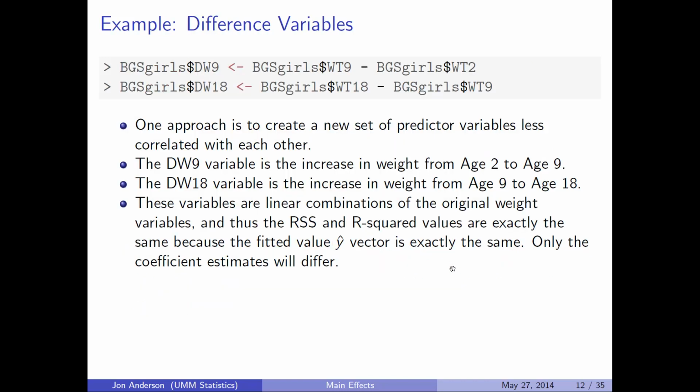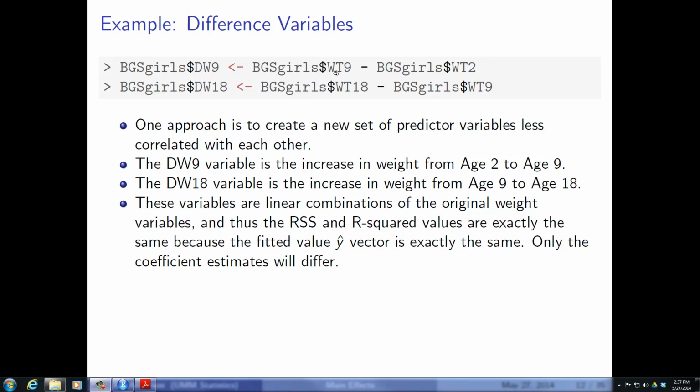Here is a way to address this problem. Use the same information about weight at age 2, 9, and 18, but create a new arrangement of the predicting information. So here I've created two new variables, DW9, which is the subtraction, or the difference, in girls' weight at age 9 compared to what it was at age 2.